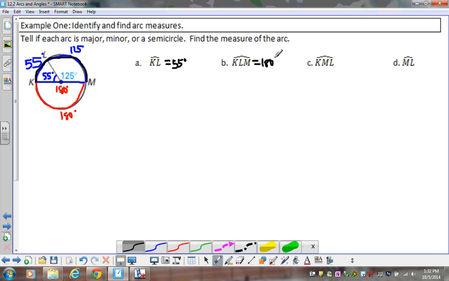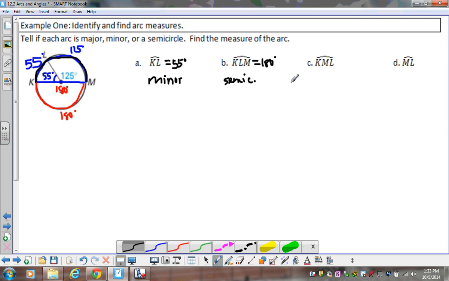And I guess we also need to identify this first one: because it was 55 degrees, we're going to call that a minor arc, M-I-N-O-R, just one O actually. All right, and then arc KLM, because it's equal to 180 degrees, I'm just going to put here a semicircle. We said earlier that's 180 degrees, going from K to L all the way around to M.